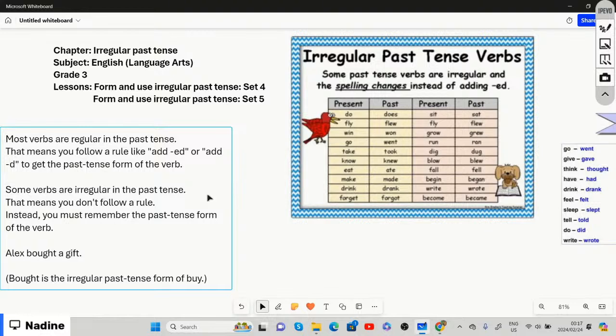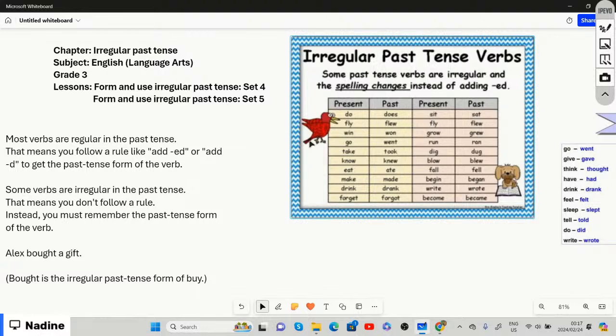And in the past, we either have does or we have did. And the past tense, for example, of fly, or let's say the present tense is fly, and the past tense is flew.